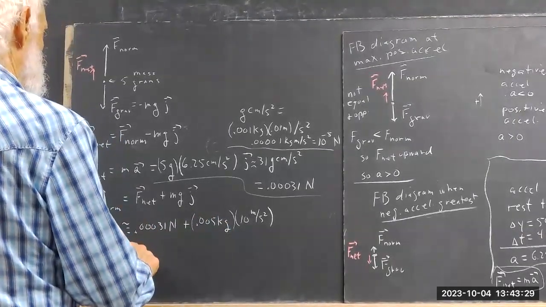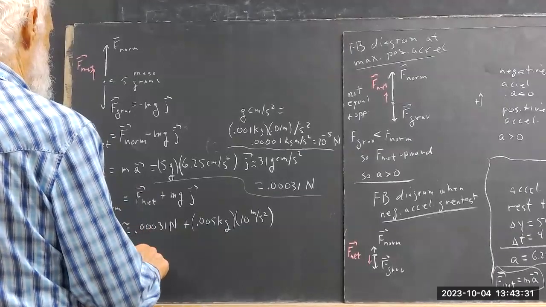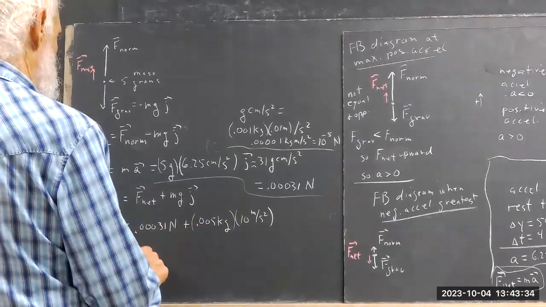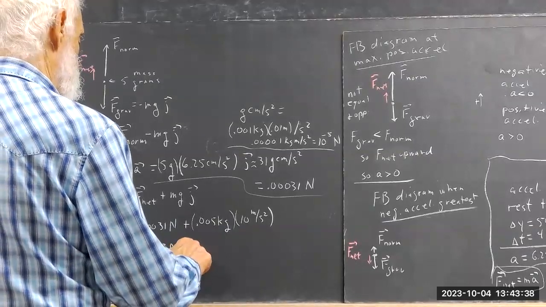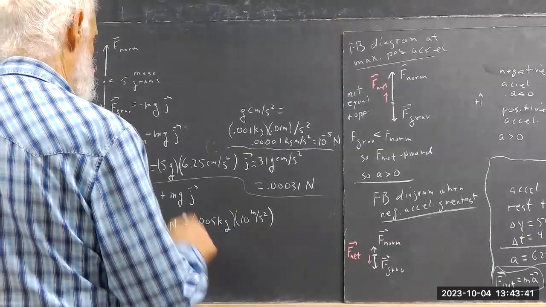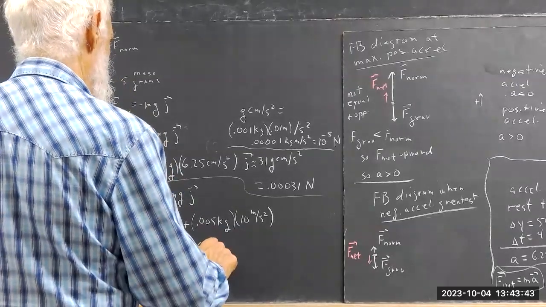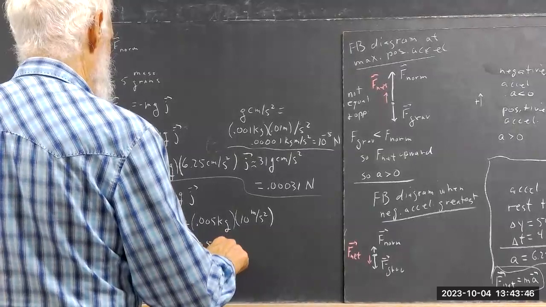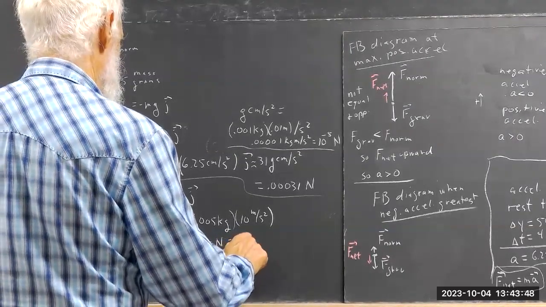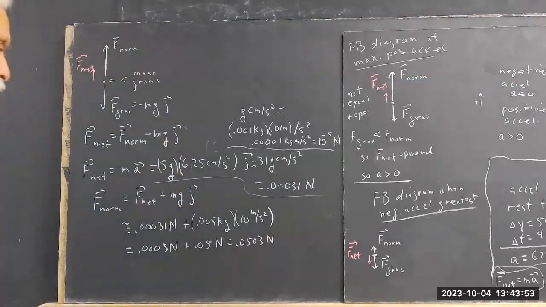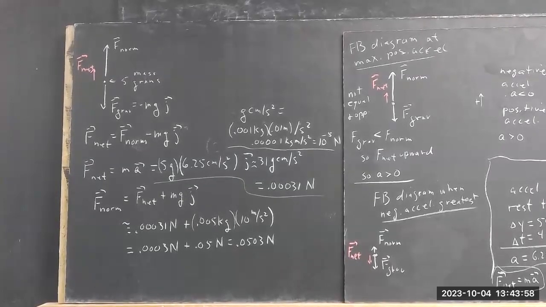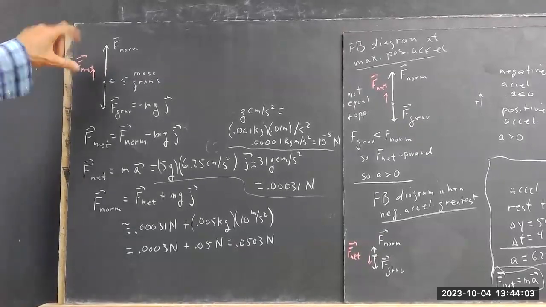So approximately. And since I made that approximation, I might as well just make this 0.0003 newtons plus 0.05 newtons. Plus 0.0503 newtons approximately.